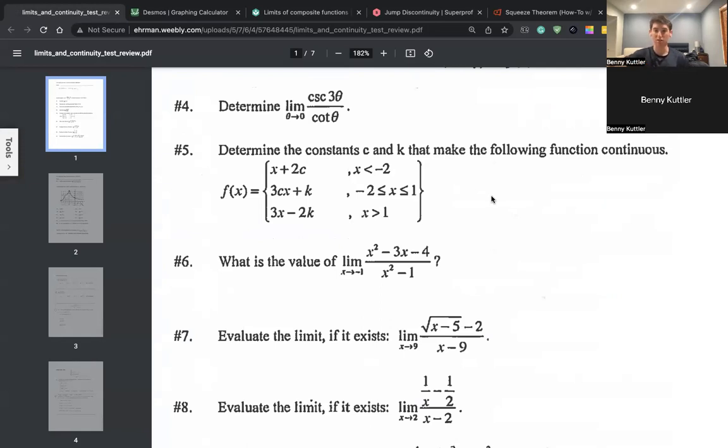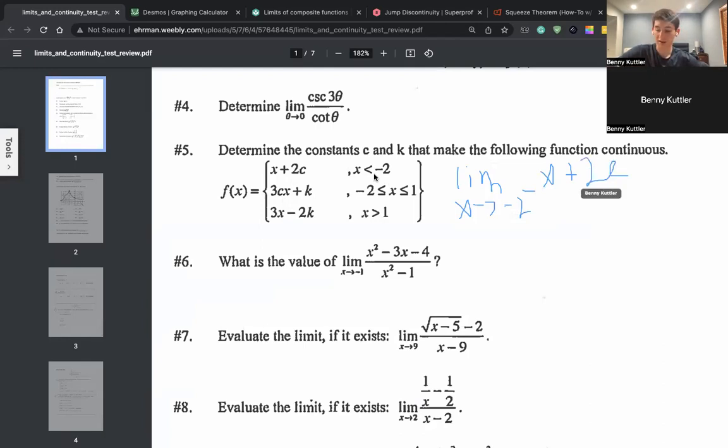So in this case of the piecewise function, we have to set this value of x plus 2c equal to 3cx plus k at x equals -2, the limits. So if we have the limit as x approaches -2 from the left, because this is when x is less than -2, so on a graph, that would be coming from the left, of x plus 2c.